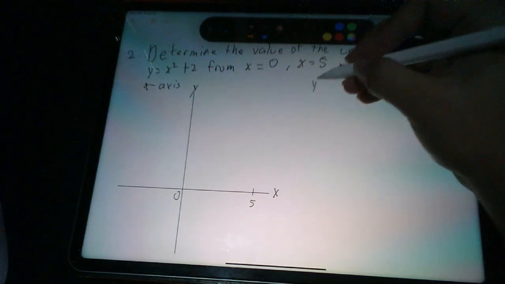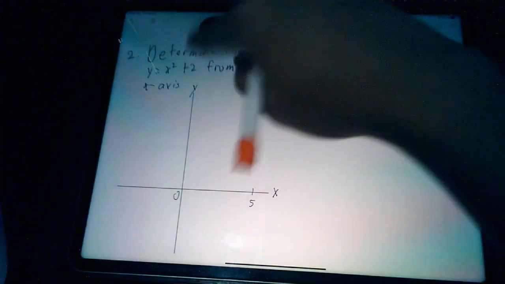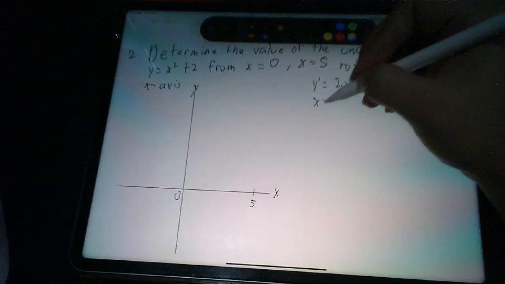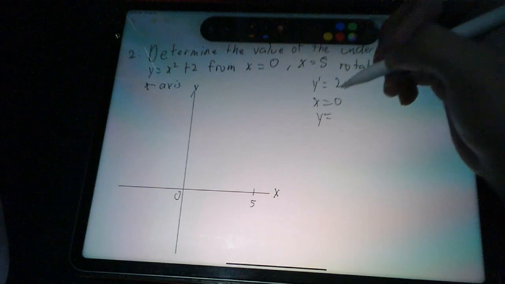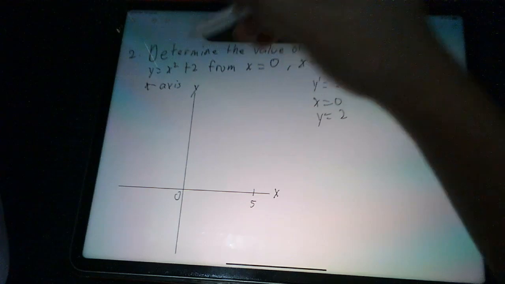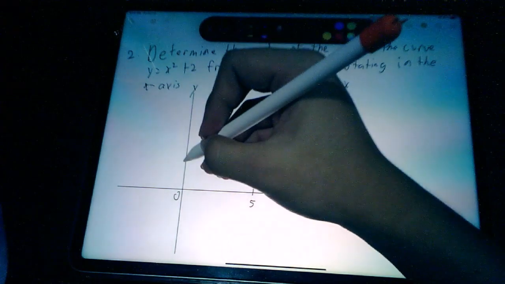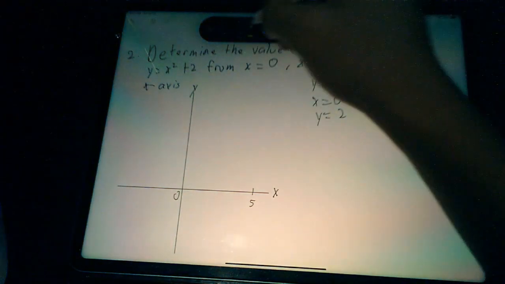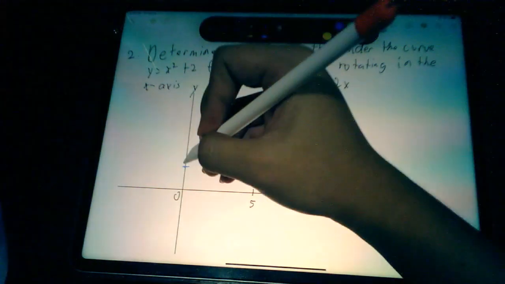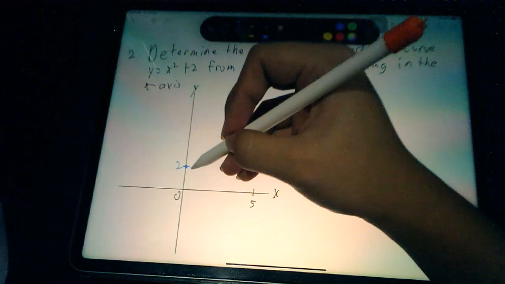So y prime is the derivative of x squared plus 2, which is 2x. Now let's equate x to 0, and then y will become 2. So 0 squared is 0 plus 2 is equal to 2. Let's plot the value 0 and this is 2. So this is our vertex.